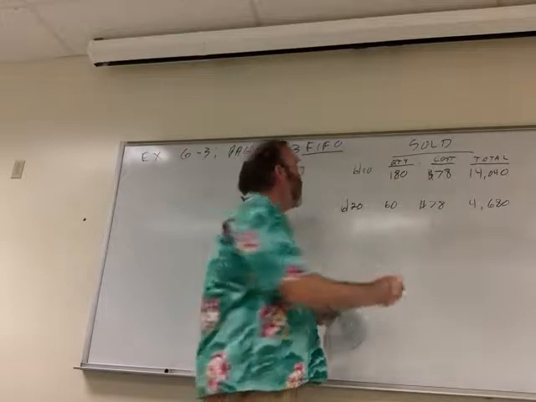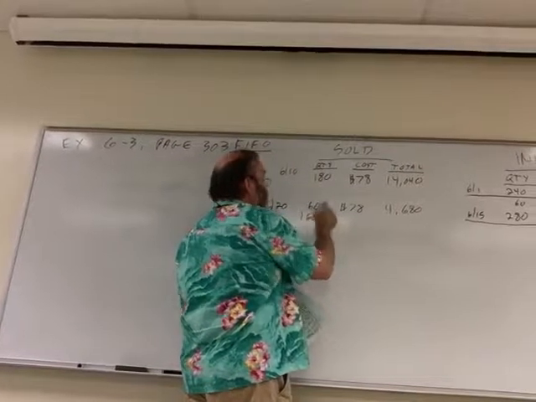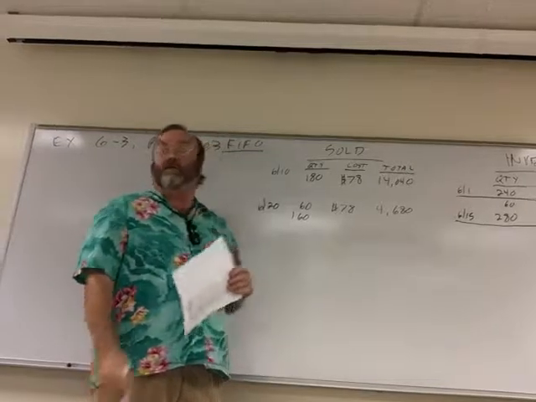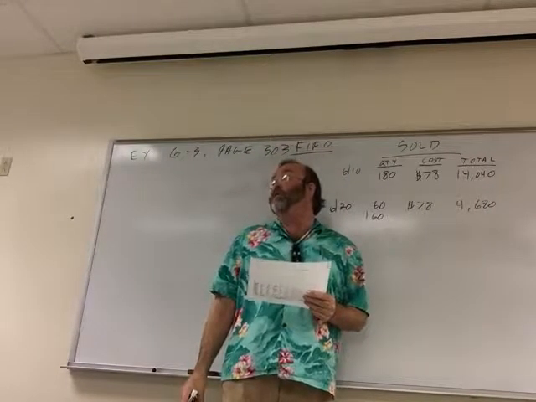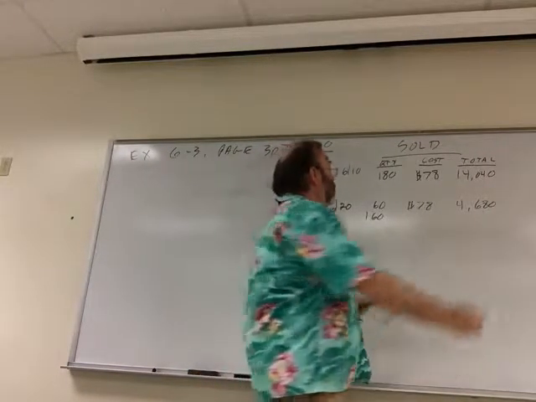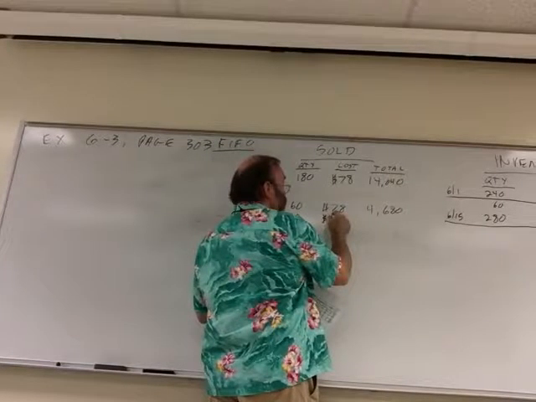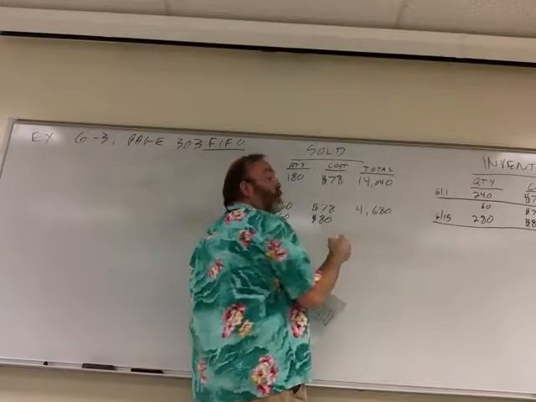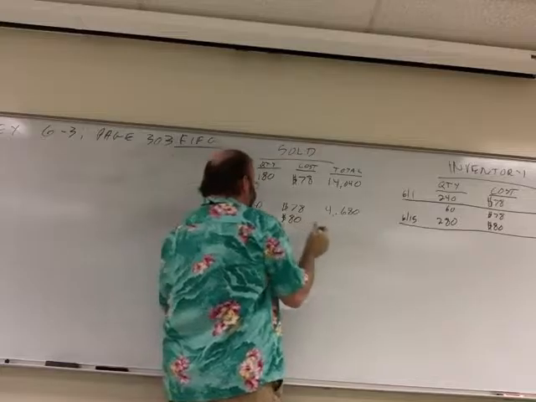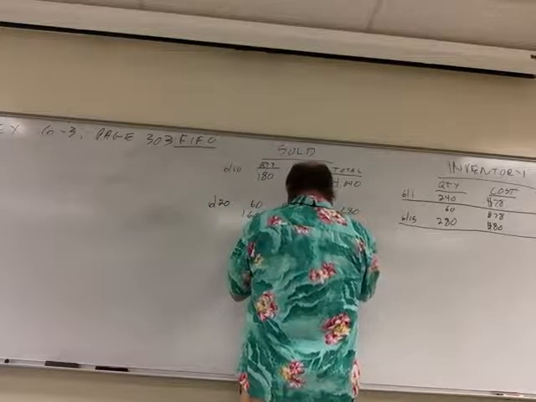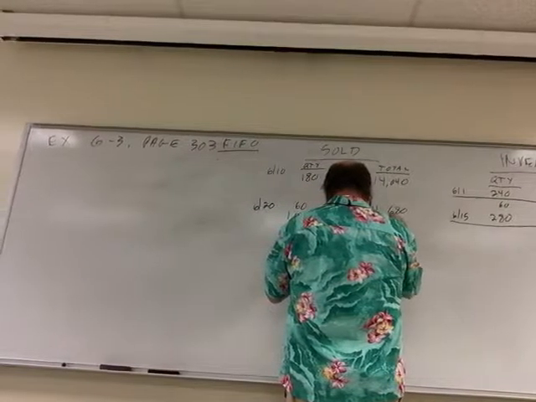That leaves us 160 to identify because we sold 220 in total. Well, the only inventory we got left is the $80 inventory. So we're going to sell 160 units at $80 for $12,800.